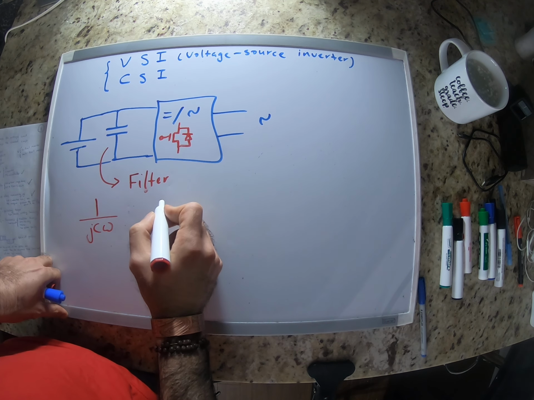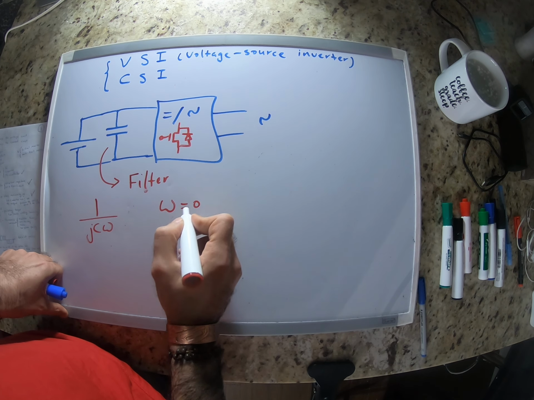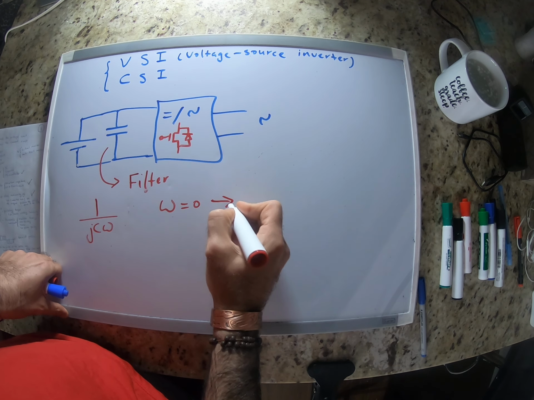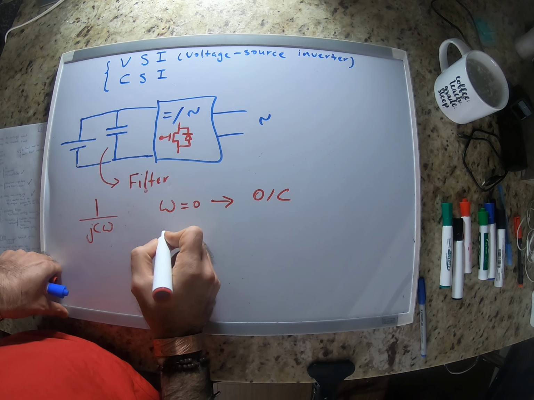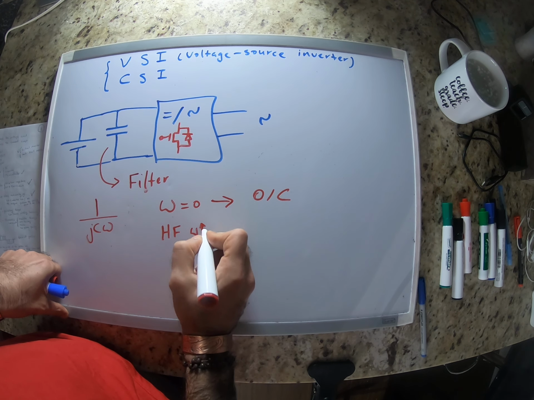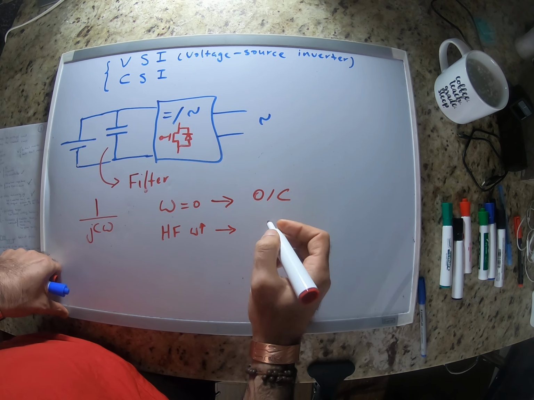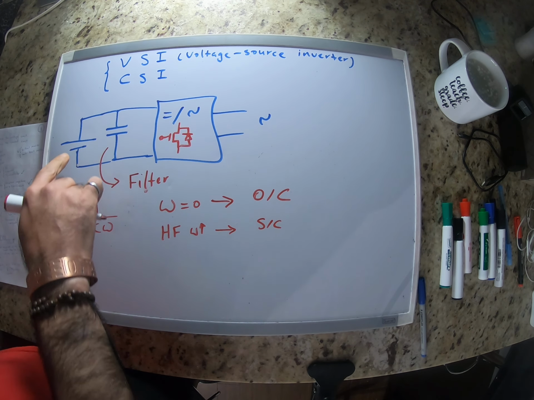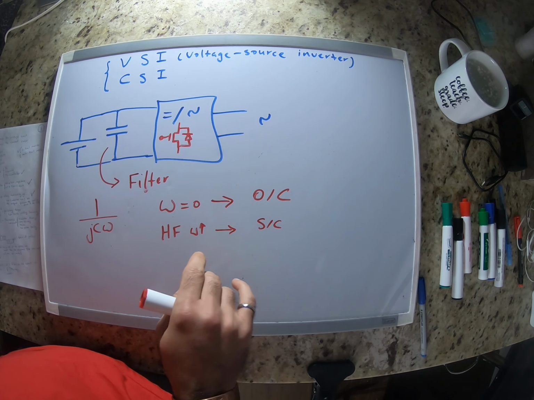So when frequency is 0 for DC voltage, this acts as an open circuit. But for high frequencies, so omega increases, then this becomes a short circuit. So basically it avoids having high frequencies going into our inverter.